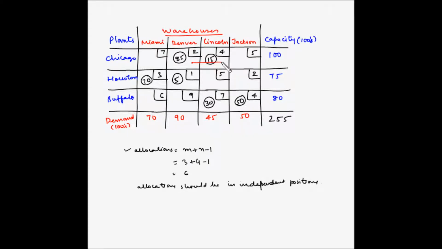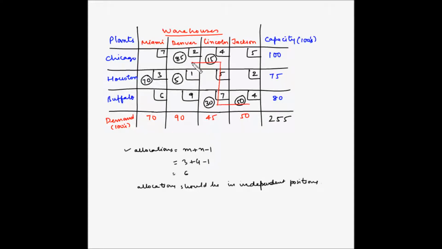Then we can take a 90-degree angle from here and come down. Then we can go here. Now from here we can't go to any other cell without reversing the route, which is not good. So basically this is in independent position.